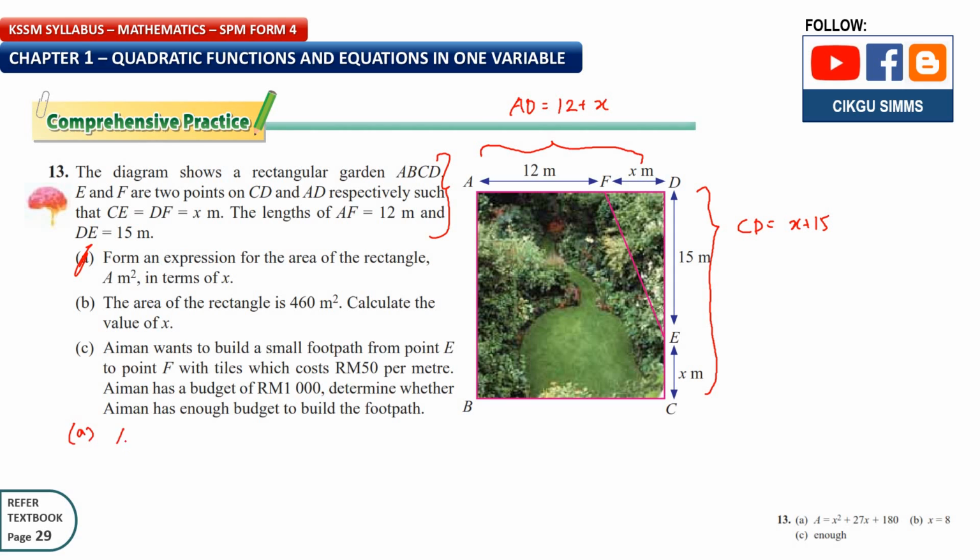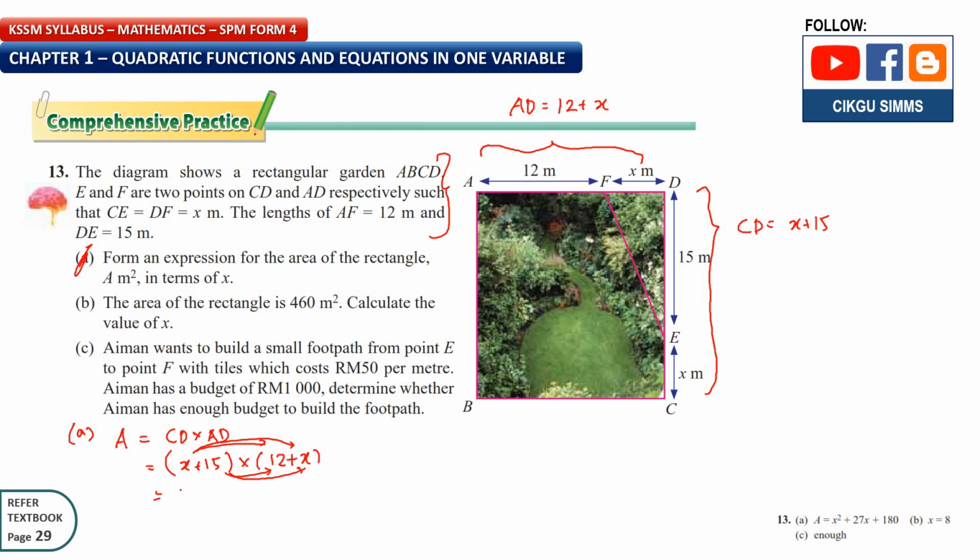The area of a rectangle is length times width, right? So CD times AD. My CD is x plus 15. Don't forget to put a bracket. And my AD is 12 plus x. And then you can expand them, expand one by one.